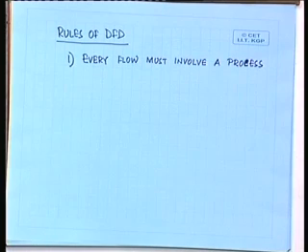This has a far reaching meaning. If you are considering a flow, that flow should be from a process to a process, or a process to a data store, or a process to an entity, or an entity to a process, or a data store to a process. Is it clear? Any other flow is illegal, should not be there.